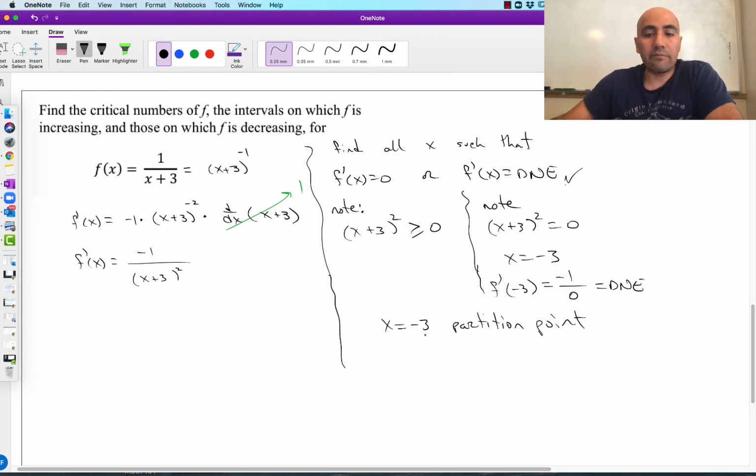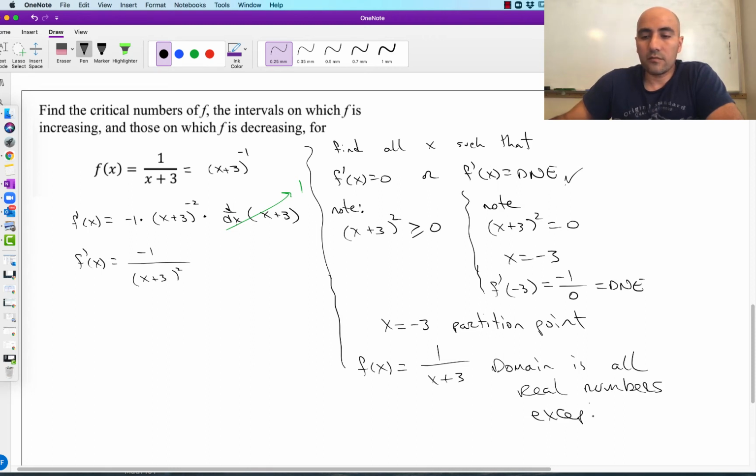Now we want to see if this can be upgraded to a critical number, right? In order to do that, we got to come back to the original function and see if negative 3 is in the domain. So note that if we come back to f of x equals 1 over x plus 3, the domain is all real numbers except x equals negative 3. We can't put in a negative 3.